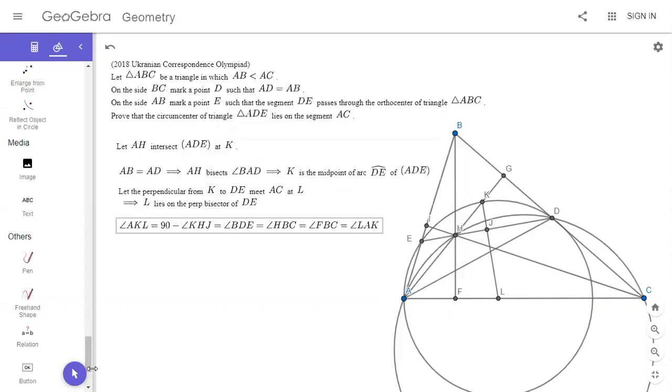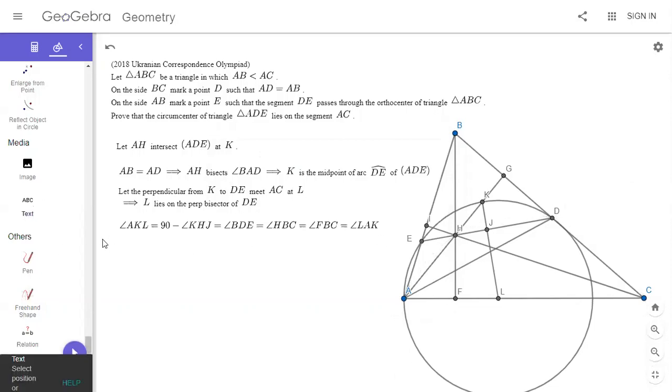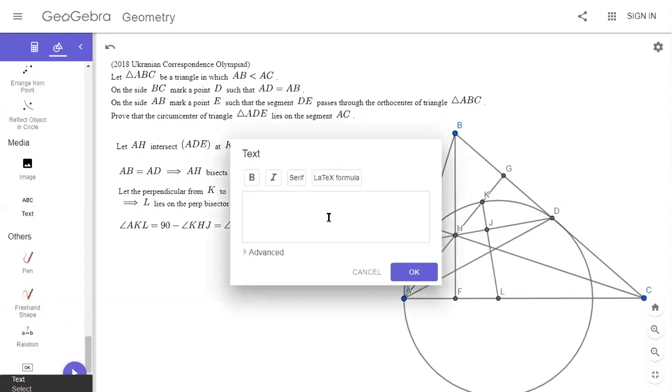So we don't even really need this circle right here, although it does exist. So that means LA equals LK.